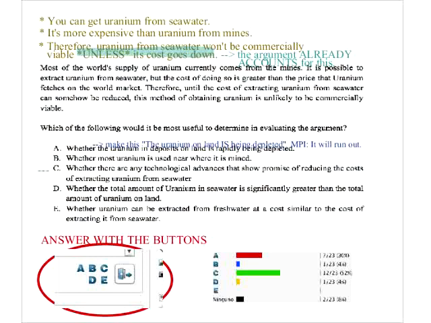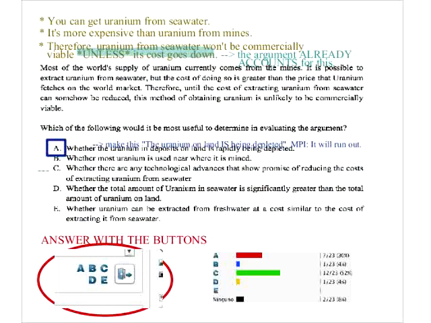So what does that mean if it's all gone? It means you are going to have to get uranium somewhere else, even if it costs more. So even though the cost is high, this will be commercially viable because it'll have to be. You're going to run out of uranium from land. So this is the correct answer to the problem.